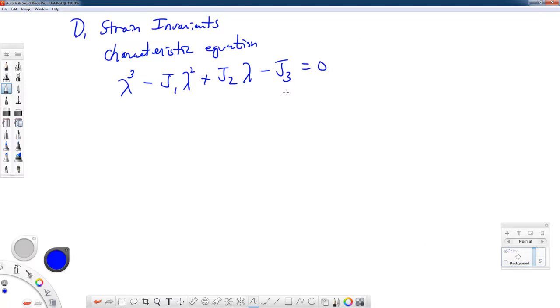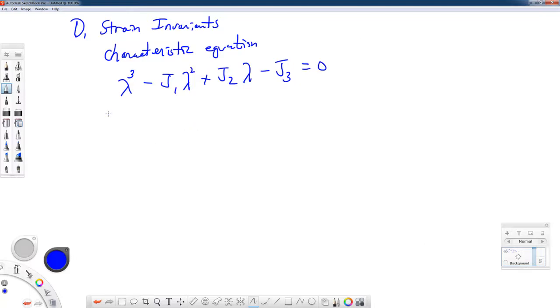A first-order tensor, a vector, has 2 invariants, magnitude and direction. A zero-order tensor, a scalar, has 1 invariant, its scalar value. You can generalize this: an nth-order tensor has n plus 1 invariants.